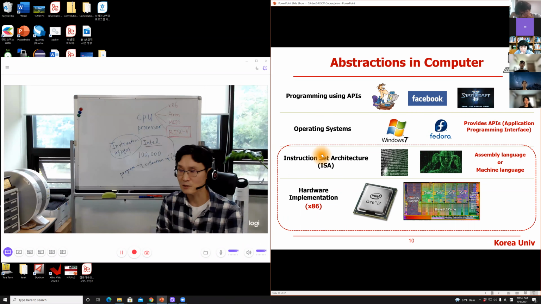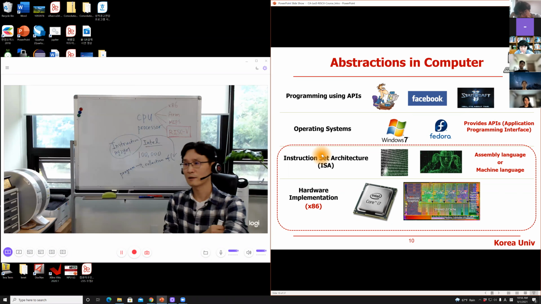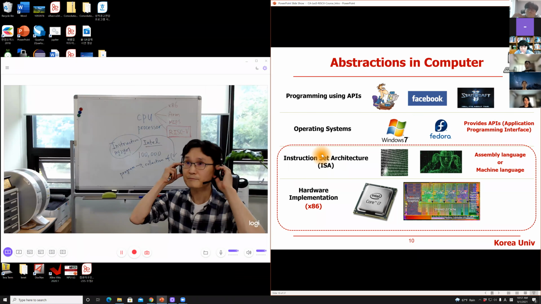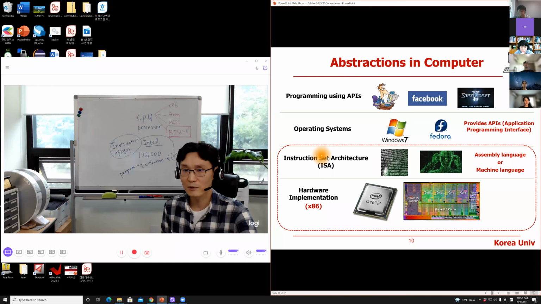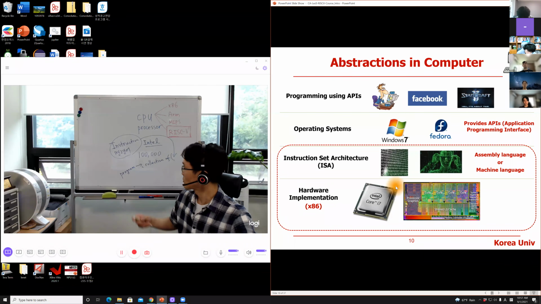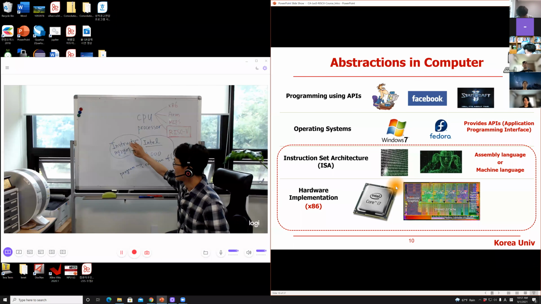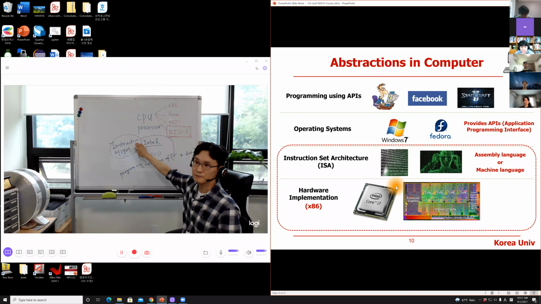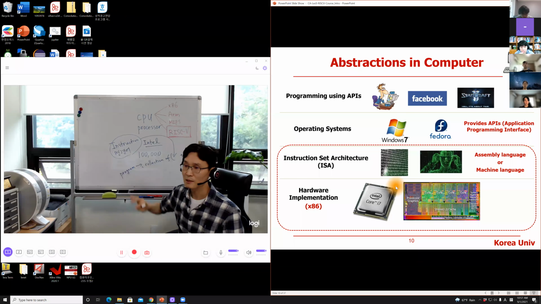What kind of instructions is RISC-V providing? That will be the first thing we are going to study. Then I'm going to show you how to design a CPU so that the CPU is able to execute the instructions.